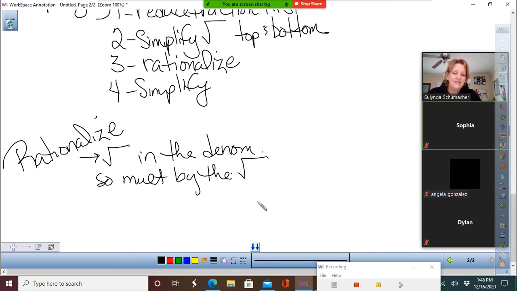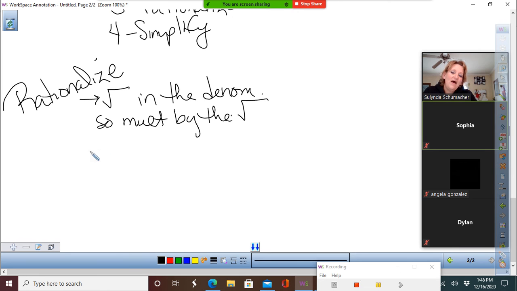Okay, so for example, if I have 1 over the square root of 5, there's a square root in the denominator, so I have to rationalize. To get rid of the square root, you can never, ever, ever have a square root in the denominator. We have to multiply by that same square root. Whatever we do to the bottom, we also have to do to the top. So technically, I'm multiplying by 1.